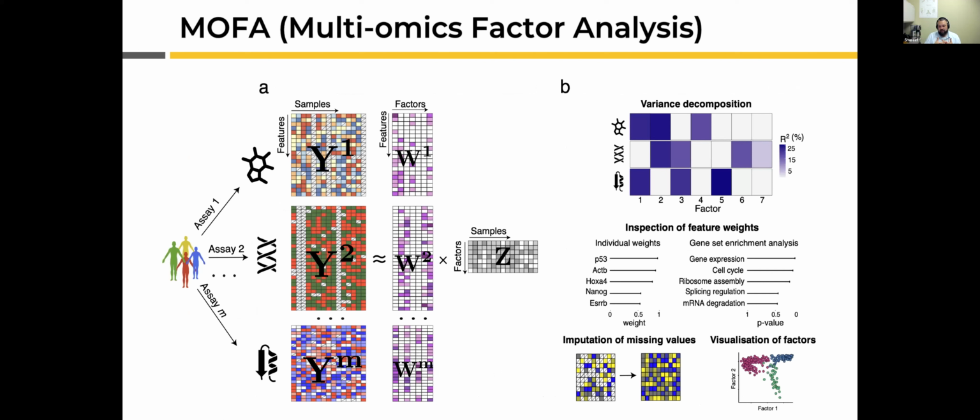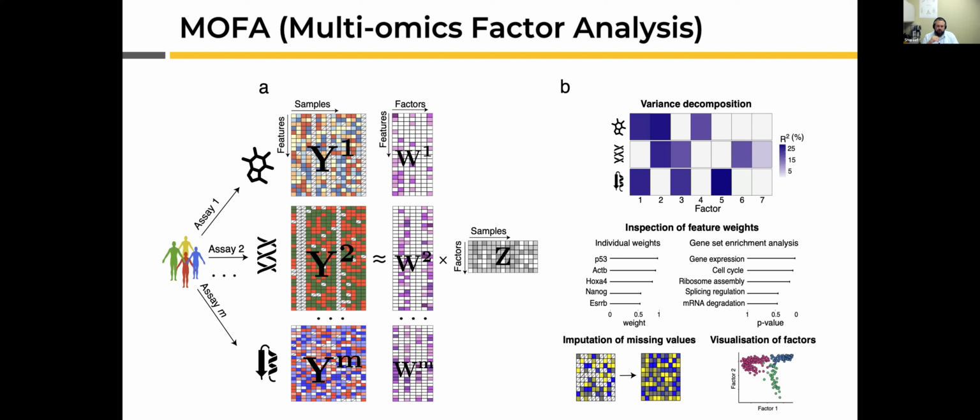Multi-omics factor analysis is another one that I really want to go over. Again, they have a great website. They have a very good set of tutorials and documentation. But this analysis method is based on unsupervised statistical analysis.